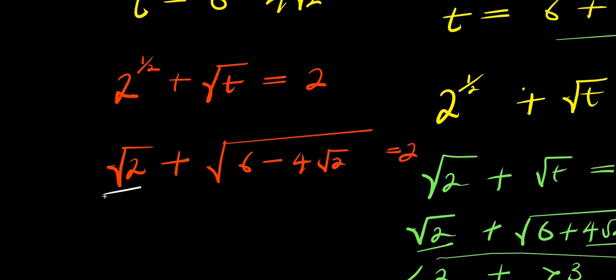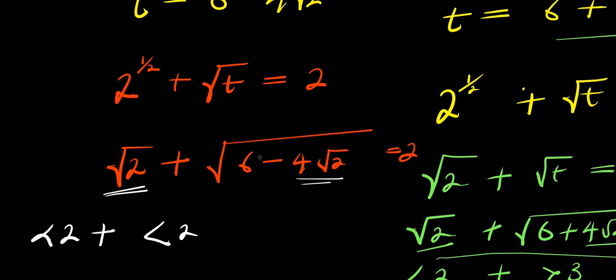So from here, square root of 2 is about 1.4, that is less than 2, plus this is about 1.5. 6 minus 1.5 is 0 point something, so this will give you about 0 point something. It's obviously less than 1. Now look at it here.